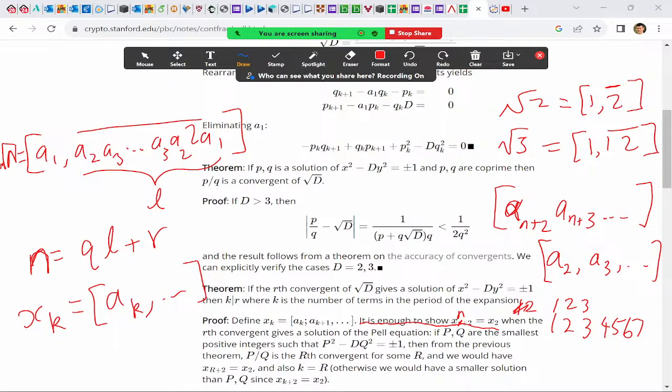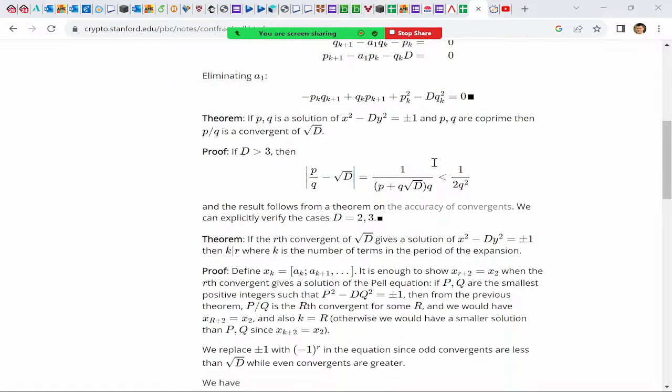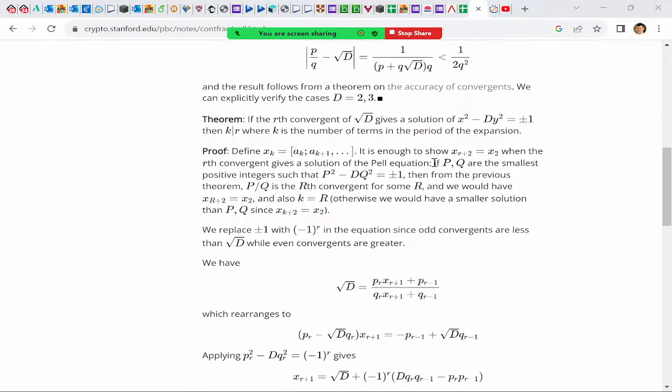It's like also the smallest R for which it's the rth convergent, right? Yeah. Very sus. I feel like we need to lower our standards a little bit here. What's going on?